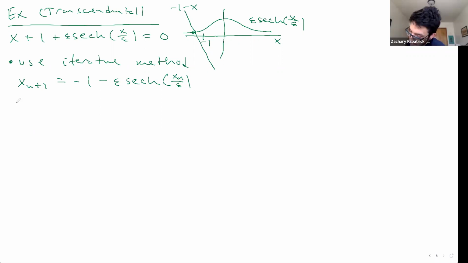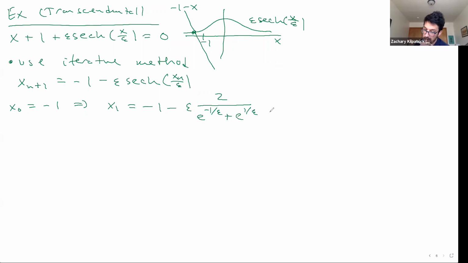So x0 to start with, this should be small, and then my leading order term is just -1. So let's start with that as a guess. x1 then is equal to -1 minus epsilon times 2 over e to the -1 over epsilon plus e to the 1 over epsilon. Okay.